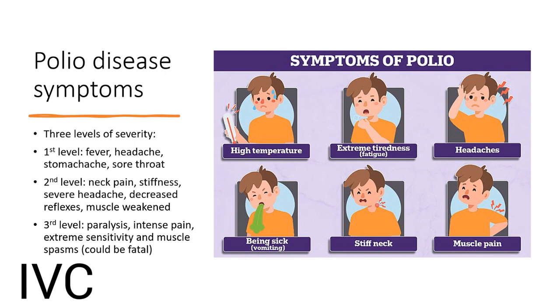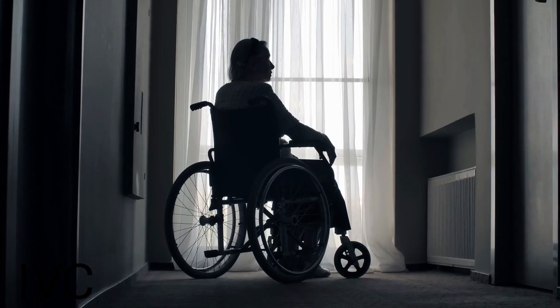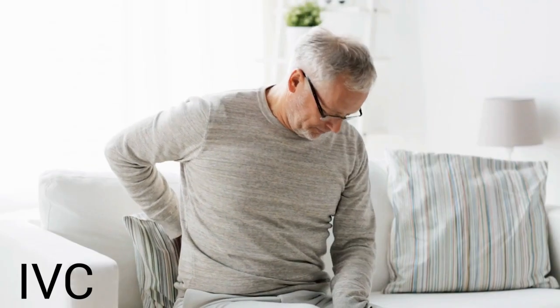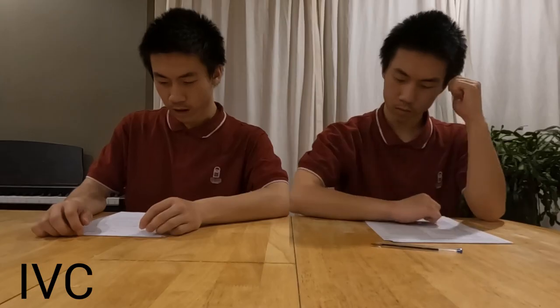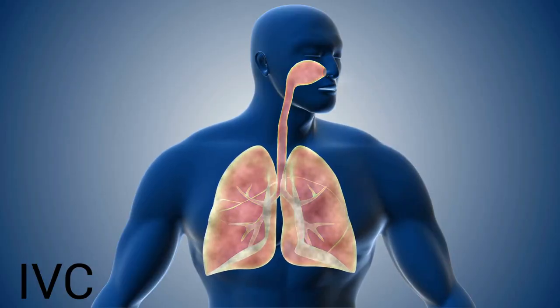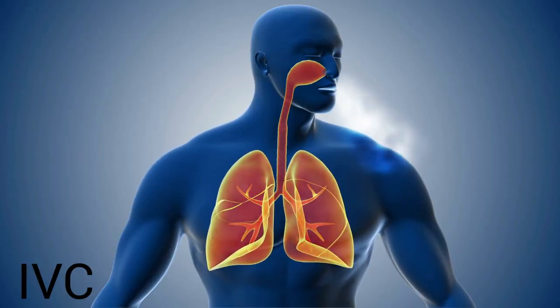As the name implies, this form of polio usually involves paralysis and intense pain. Anyone who reaches this stage of polio will also experience extreme sensitivity to touch and muscle spasms. This form of polio can be deadly, as it might involve paralysis of muscles in the respiratory system.